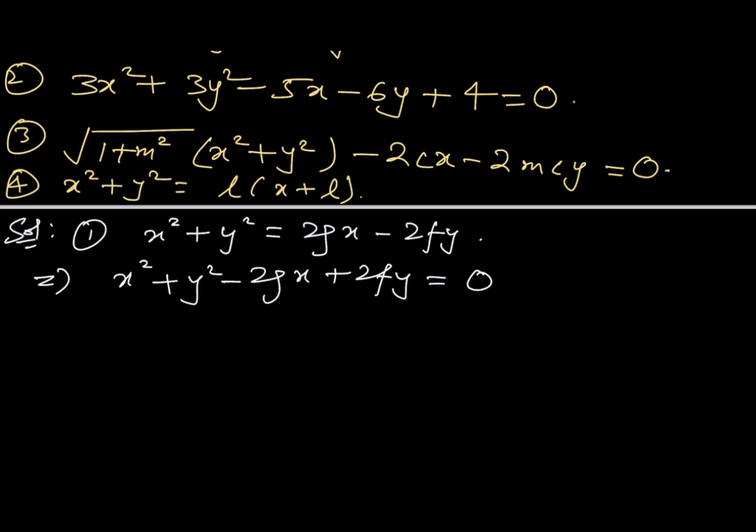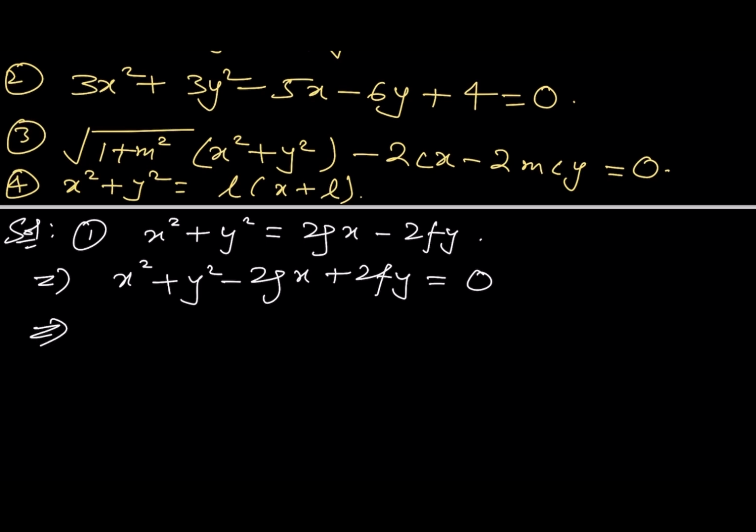Now, first of all, I will ask you, is this a circle? Yes, of course it is a circle because the coefficient of x square and the coefficient of y square are equal, which is 1. And the coefficient of xy, that is h, is 0 because there is no term representing h. So it is a circle, right?